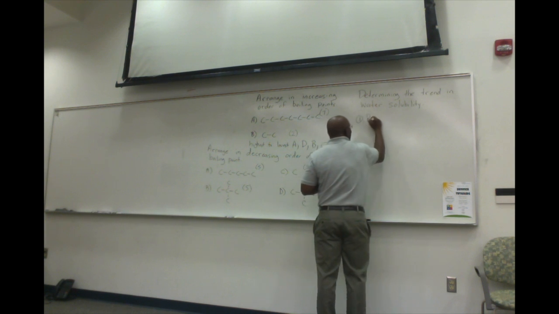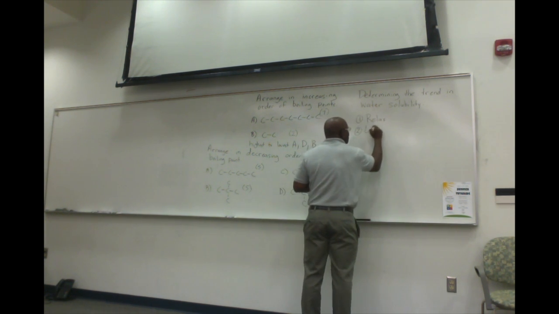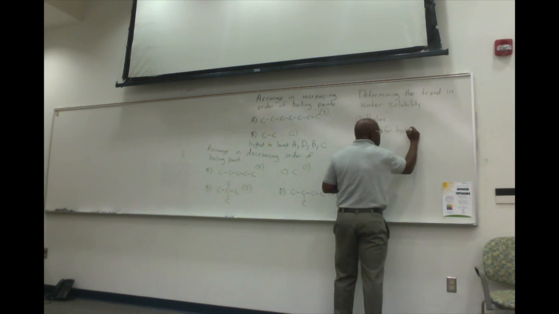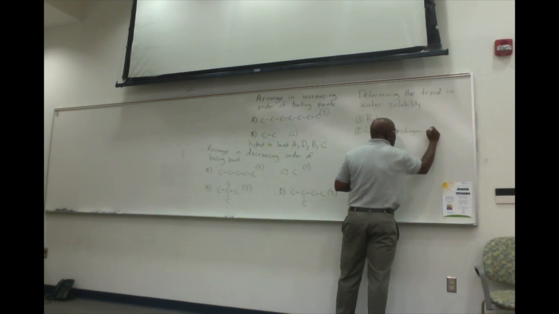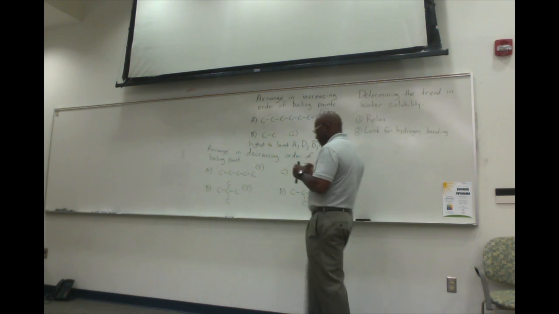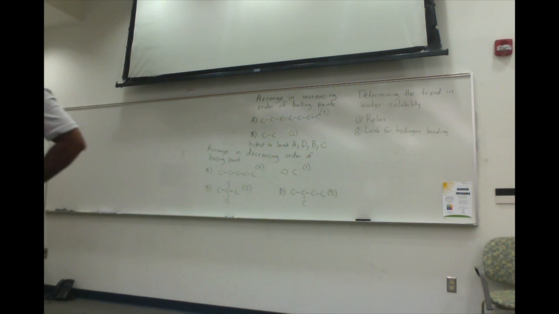Number 1, you're going to relax. Number 2, look for hydrogen bonding. Number 3, I try to shorten it or make it as simple as possible. But by making it simple, you can end up losing some little nuance.